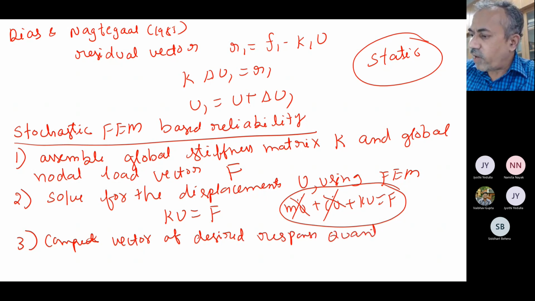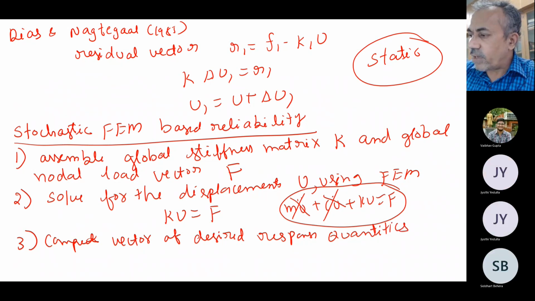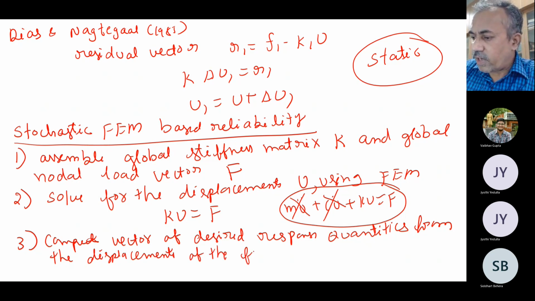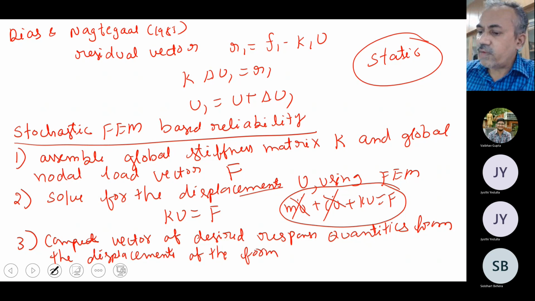All of you know the B matrix in finite elements, and you would have studied many such things. So from the displacements, once you know the displacement, you can calculate stresses, strains and all other things. The form will be something like this: S is equal to Q transpose U plus S naught, everything in terms of matrices.